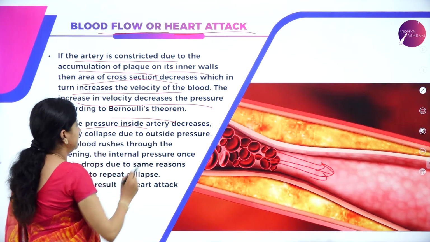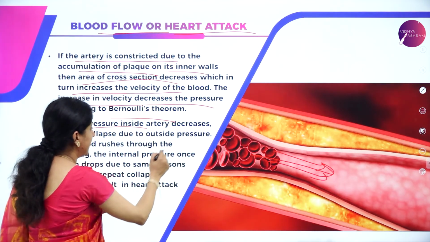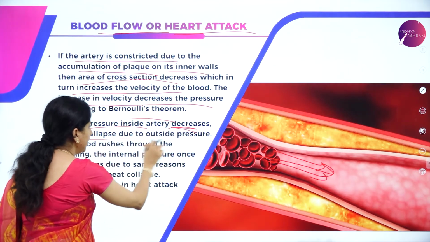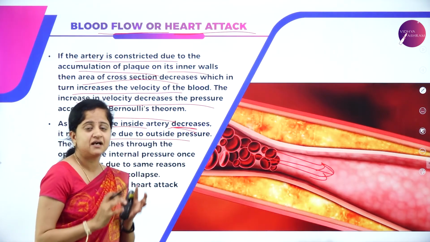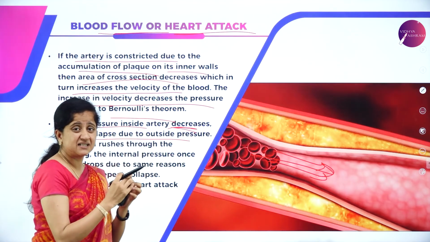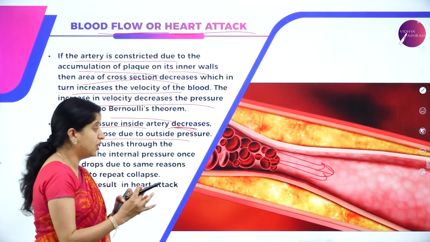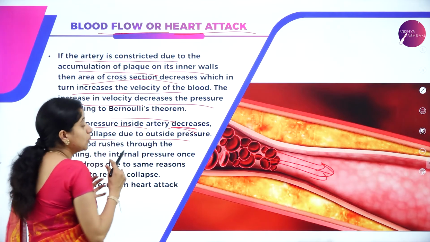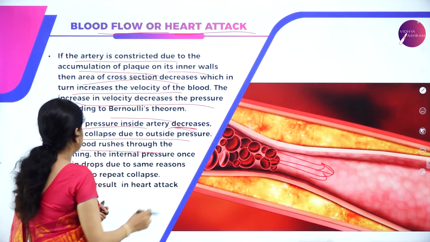As the pressure inside the artery decreases, it may collapse due to the excess external pressure. Since the pressure inside the artery decreases, the excess outside pressure causes the collapse, and the blood rushes through the opening.